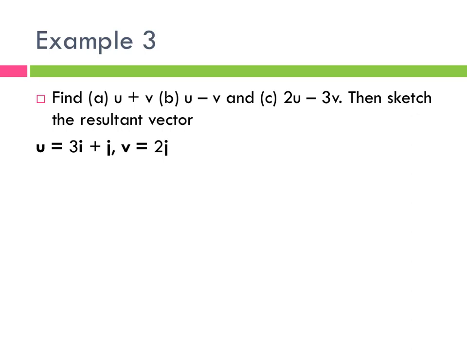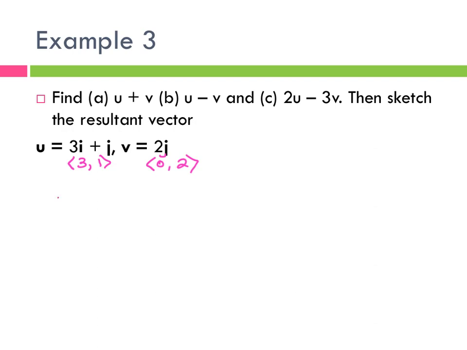When the question gives it to you in IJ format, like this one, you need to make sure that your answer is also in IJ format. So you have two choices here. I can take what's here, convert it into component form. This would be 0. This is a j, so this would be 0, 2. And work it out the way we've already done it. Or, I think even easier, is just use it in terms of a variable.